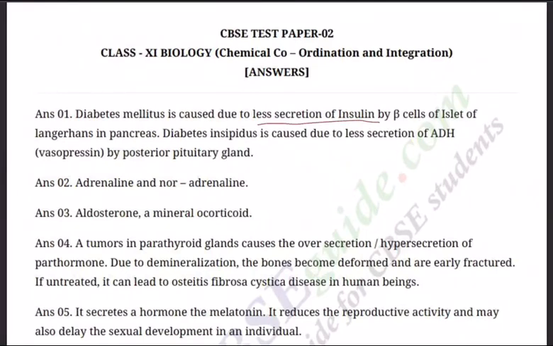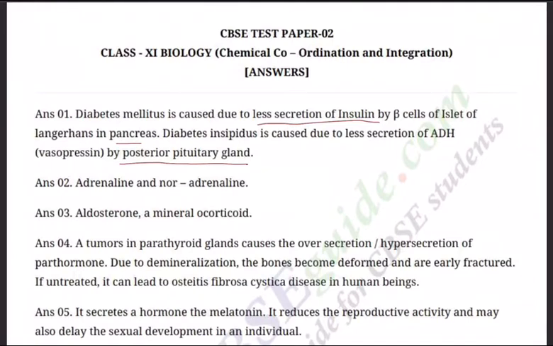Diabetes mellitus is caused due to less secretion of insulin by beta cells of the islets of Langerhans in the pancreas, whereas diabetes insipidus is caused due to less secretion of ADH, that is vasopressin, by the posterior pituitary gland.